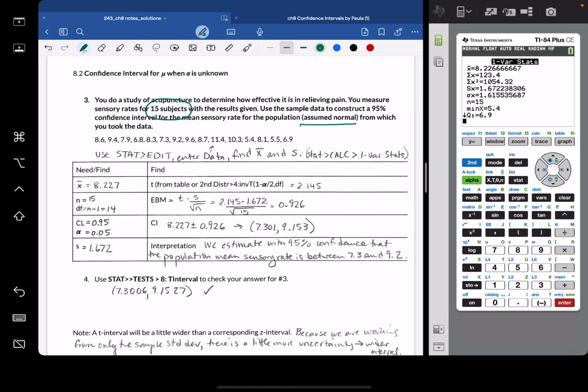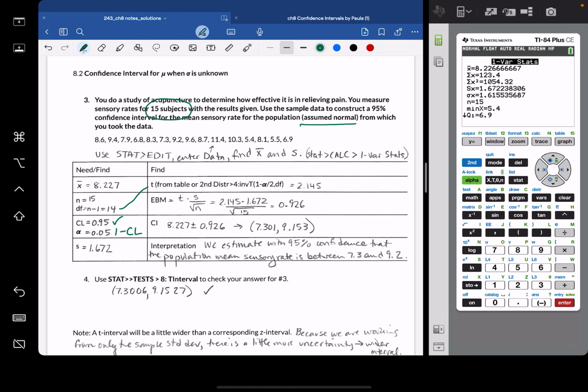We know that n equals 15, and I'm going to go ahead and note that degrees of freedom is n minus 1, so it's 14, and we need the degrees of freedom in order to find the value of t. The problem told us to use a confidence level of 0.95, and based on that, alpha must be 0.05. So again, that alpha is 1 minus the confidence level.